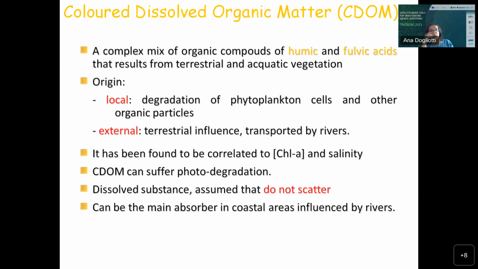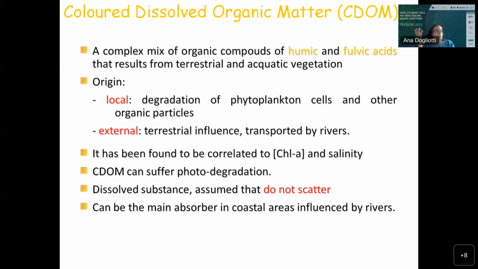And we go to the fourth component, which we mentioned was the colored dissolved organic matter, or CDOM. And what is CDOM? CDOM is a complex mix of organic compounds of humic and fulvic acids that result from terrestrial and aquatic vegetation.